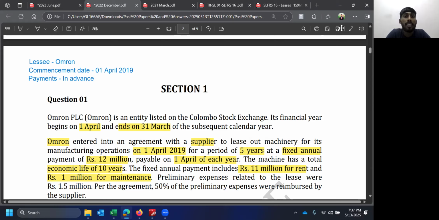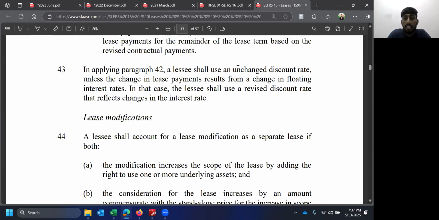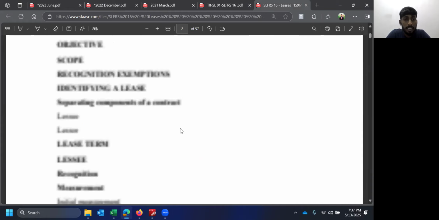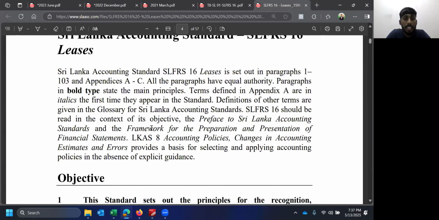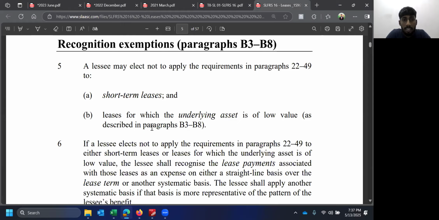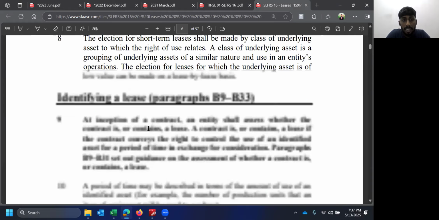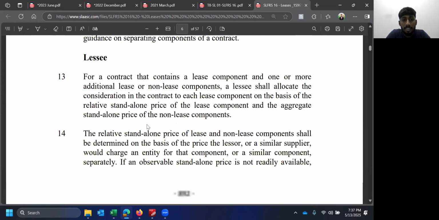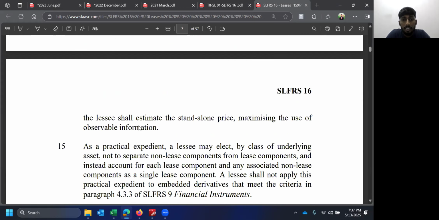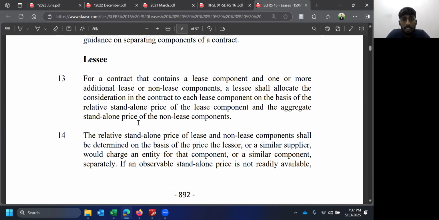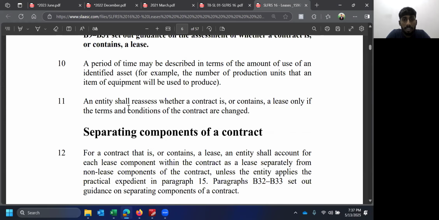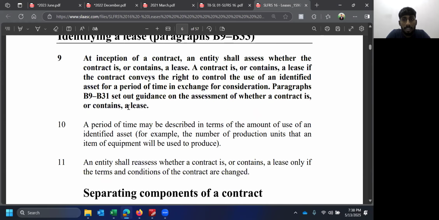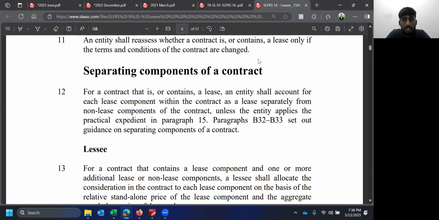Non-lease component, exactly. Lease components and non-lease components. When both lease components and non-lease components exist, what did we say? The practical expedient.